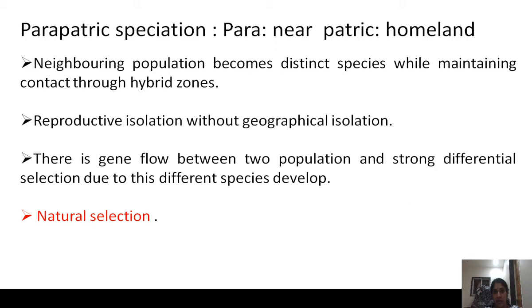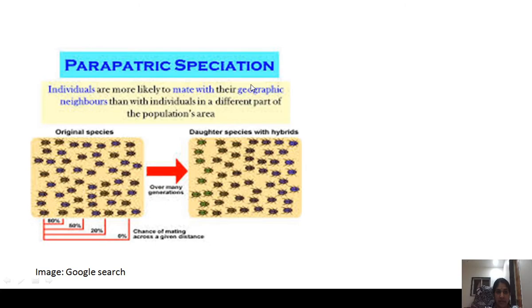Here in parapatric speciation, individuals are more likely to mate with their geographic neighbors than with individuals in different parts of the population area. Here you can see this is the original species, and these are the daughter species with the hybrid. There is gene flow. As we know, what is gene flow? Gene flow is nothing but the transfer of alleles from one population to the other population.